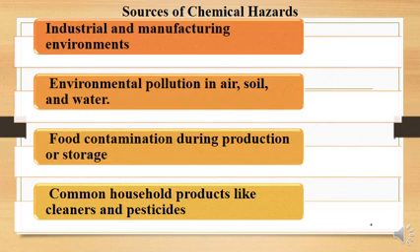So these are sources that can be produced from industrial and manufacturing environments. Chemical hazards can come from environmental pollution in the air, in the soil and also in the water. We have food contamination during production or during storage. We have common household products like the cleaners, the pesticides, the rodenticides. These are examples of sources of chemical hazard.